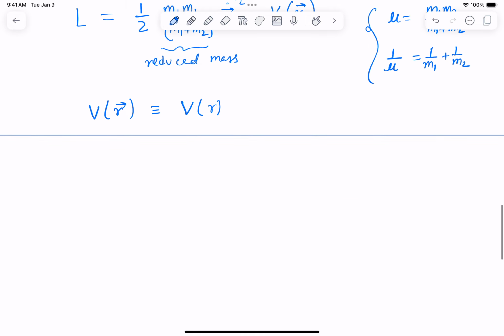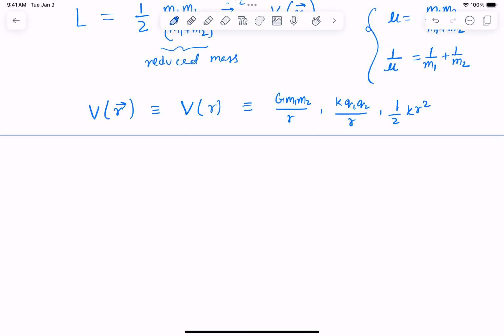And this is typically the case for gravity, where the gravitational potential is G m1 m2 over r. Also, the electrical potential is k q1 q2 over r, or if you have a spring harmonic oscillator, the potential energy is half of k r squared.